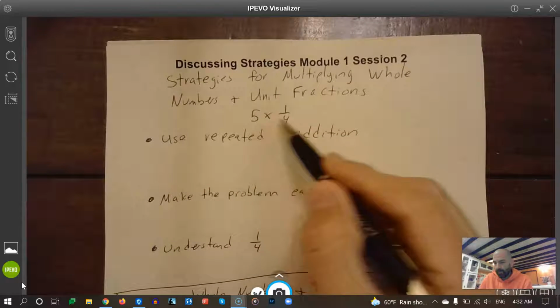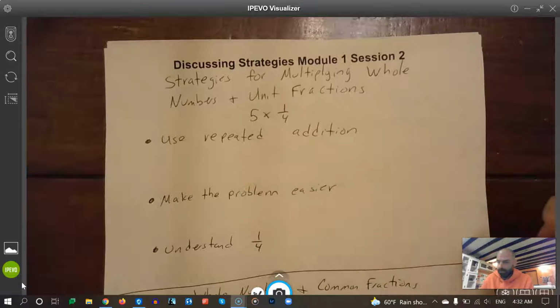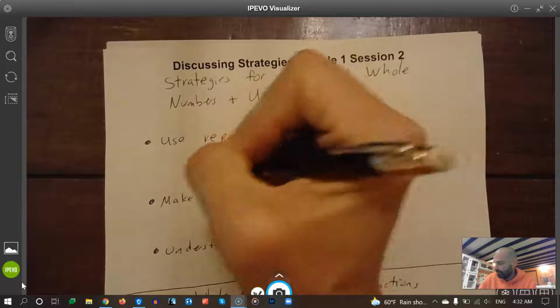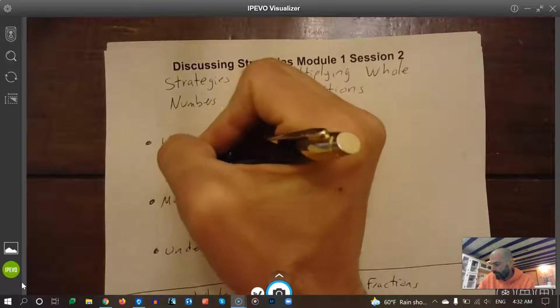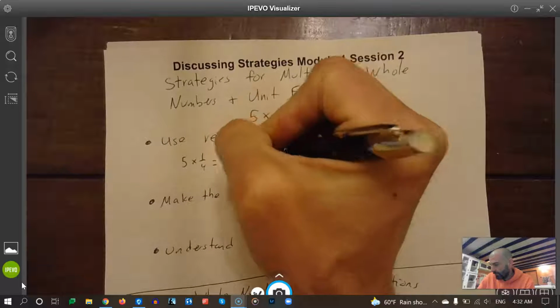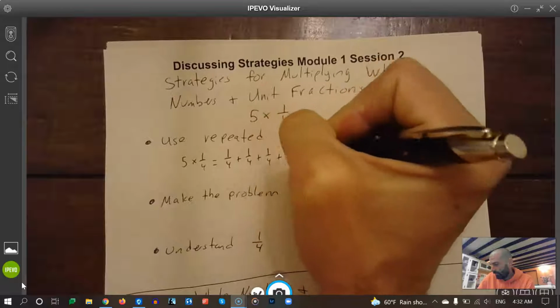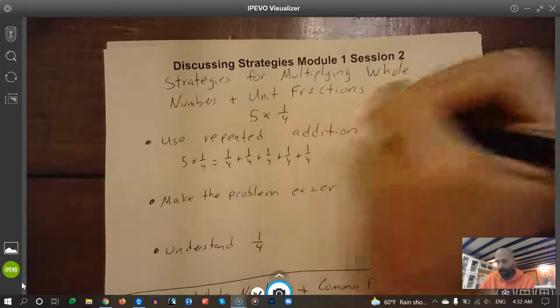If we're looking at this problem, 5 times 1/4, one thing that we can do is use repeated addition, because multiplication is repeated addition. So we can say that 5 times 1/4 is the same as 1/4 plus 1/4 plus 1/4 plus 1/4 plus 1/4. And how does that work?